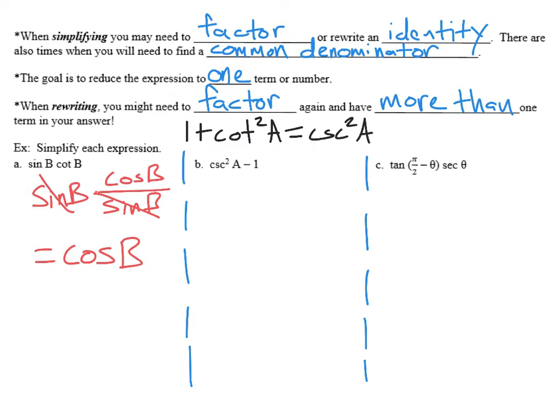Now you look down here, and if you subtract 1 from both sides, you would get what is given to you in the problem, right? Cosecant squared minus 1. If I did subtract 1 on that left side, all I would be left with is cotangent squared of a. That's another example of a Pythagorean identity that you could rearrange. If 1 plus cotangent squared is cosecant squared, well, that means that cosecant squared minus 1 is equal to cotangent squared.